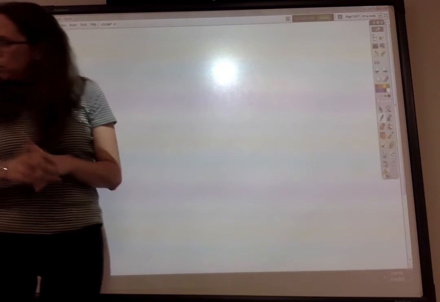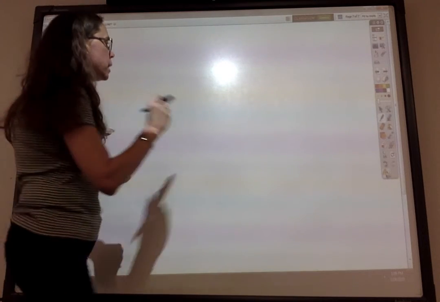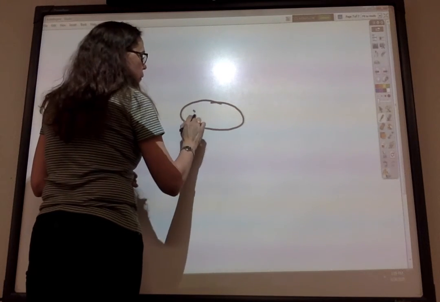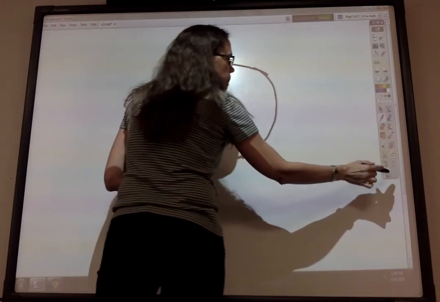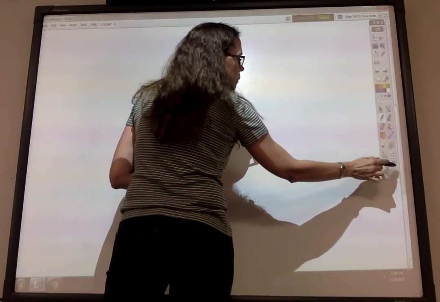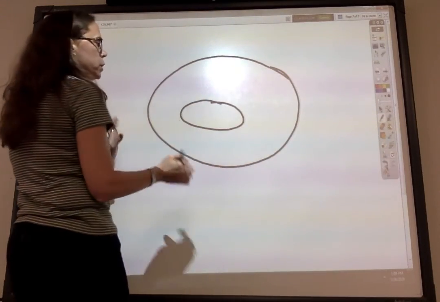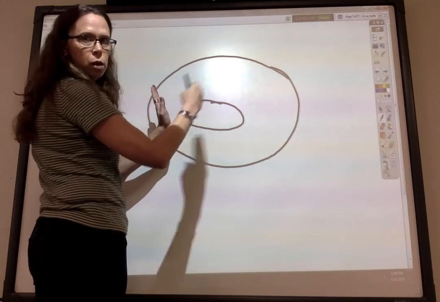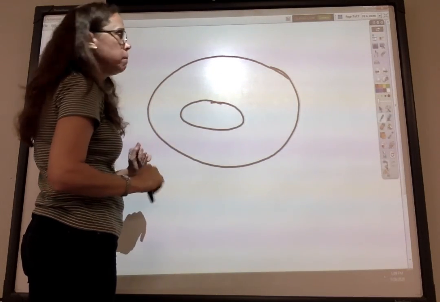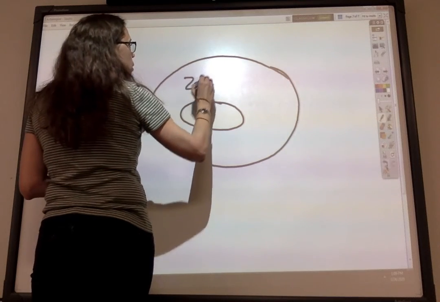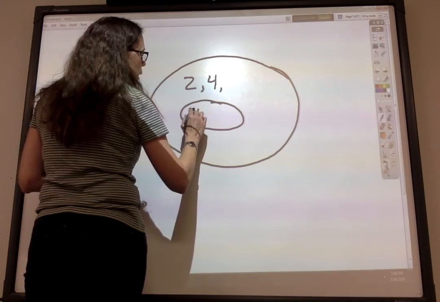So 4, 8, 12, and on and on, is actually part of the group of even numbers. Hopefully you saw that 4, 8, 12 was part of the set of even numbers.